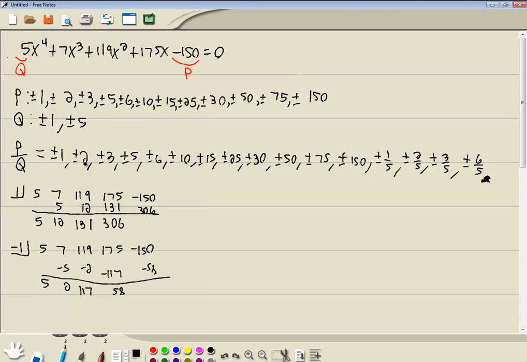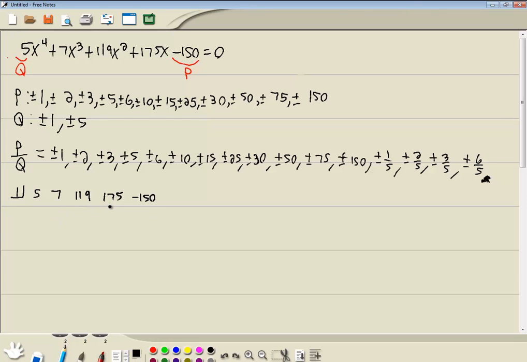Now, next one we're going to do is 2. And I'm not going to keep writing these down. I'm going to undo this so I have space to show it. So let's plug in 2 now. It's negative 150.